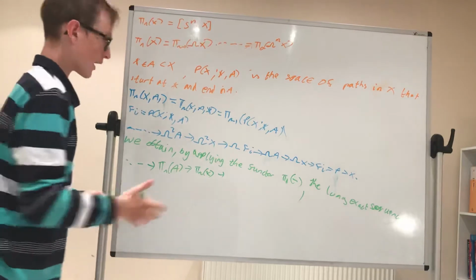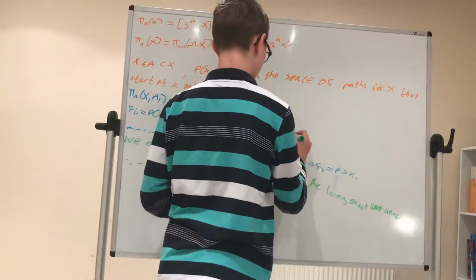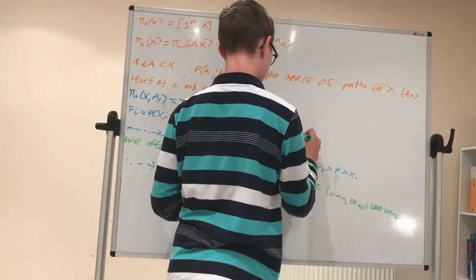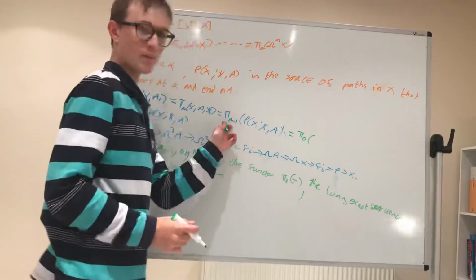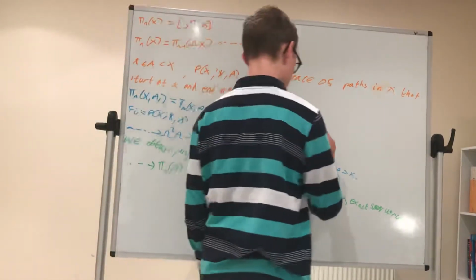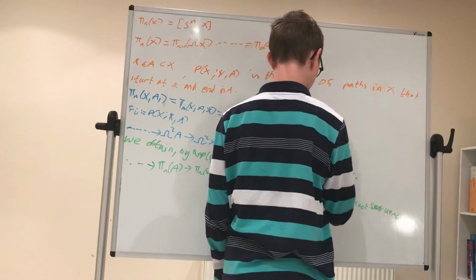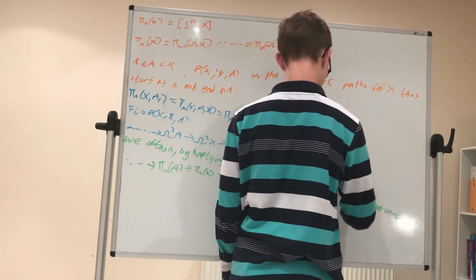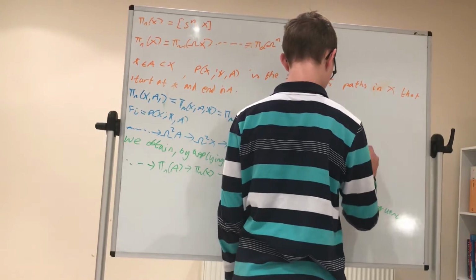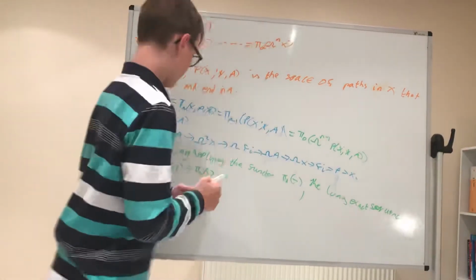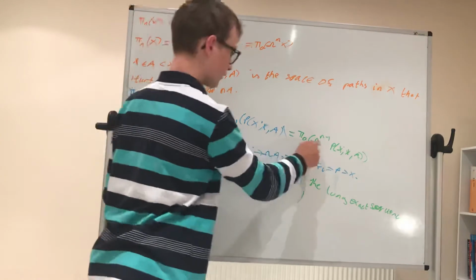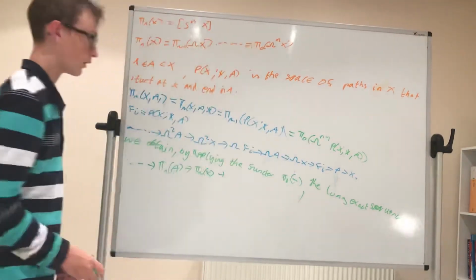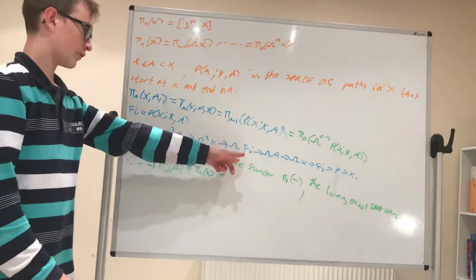And now let me add one more line here. This is equal to pi 0 of, well, remember this is n minus 1, not n. So we're going to get the n minus 1th loop space of this. Right, because we have n minus 1, so we're going to have pi 0 of n minus 1. And that's what this is right here.